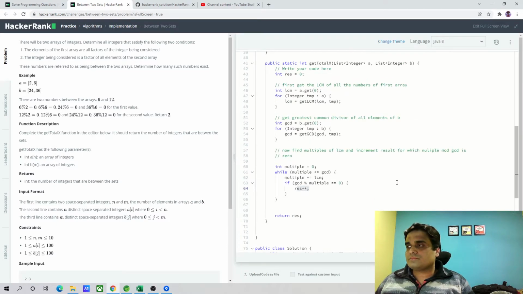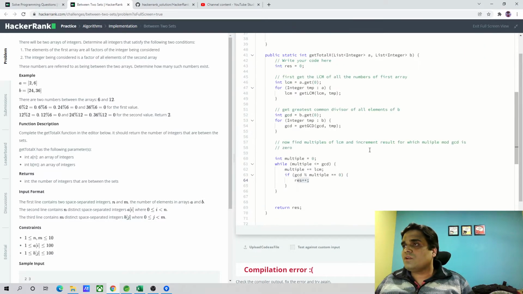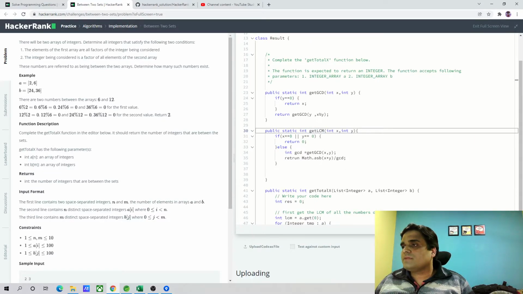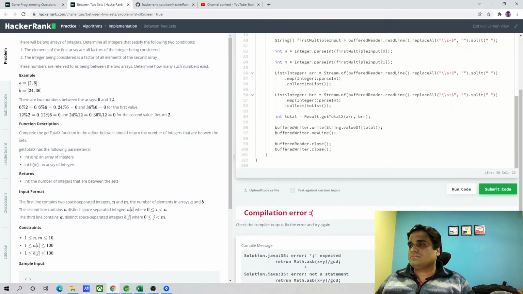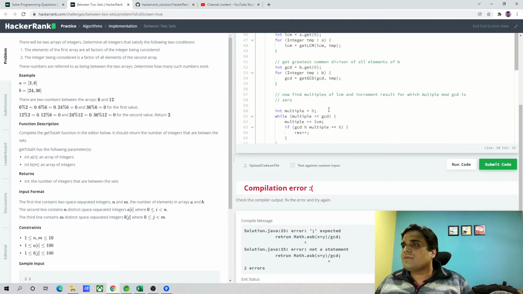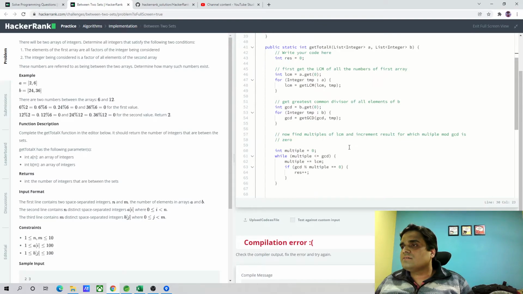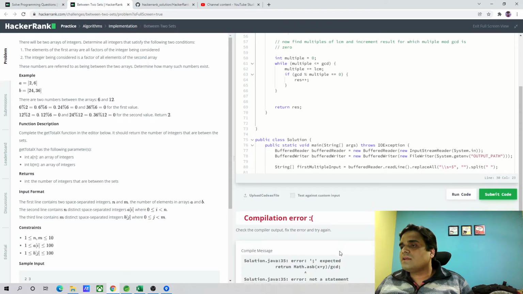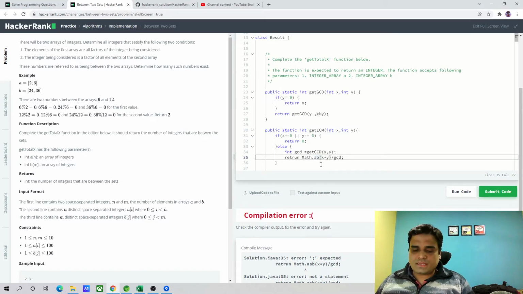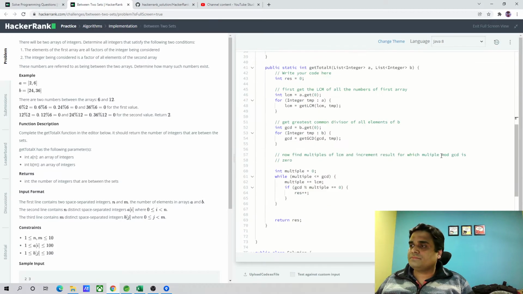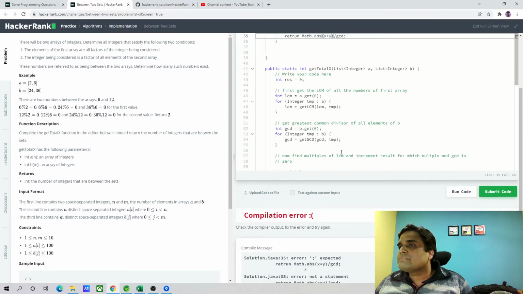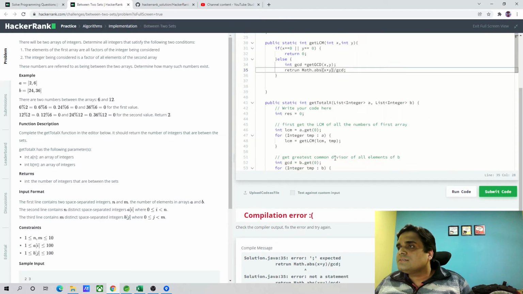Let me run the code. Okay, now I am seeing a lot of errors. So first of all, this is the problem. Let me run again. Okay, so something is wrong here. Math.asb. Okay, it's a typo mistake at my end. Let me correct it. So okay, where is line number 35? So this is math.absolute. Let me run the code again. Compilation error. Okay, what's happening? Otherwise I'll have to open the IDE to understand.